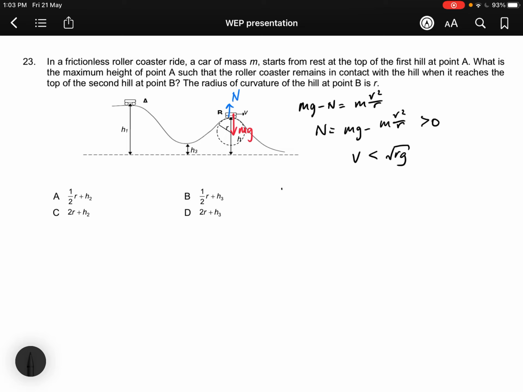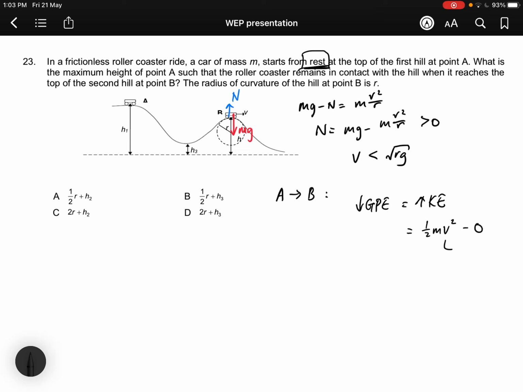Because going from A to B, there is a loss in GPE, and this equals the increase in KE. Suppose the roller coaster starts from rest at the top. So the gain in KE will be equal to half mv square minus 0.